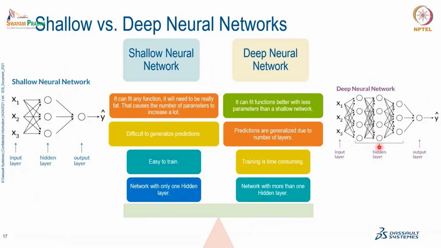If we have these two layers, then the number of parameters to train for the same problem would be less compared to the shallow neural network. And that is the reason why we use convolution for image data rather than just an MLP.